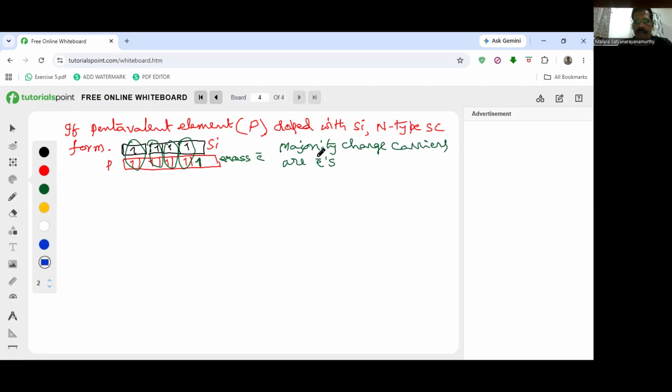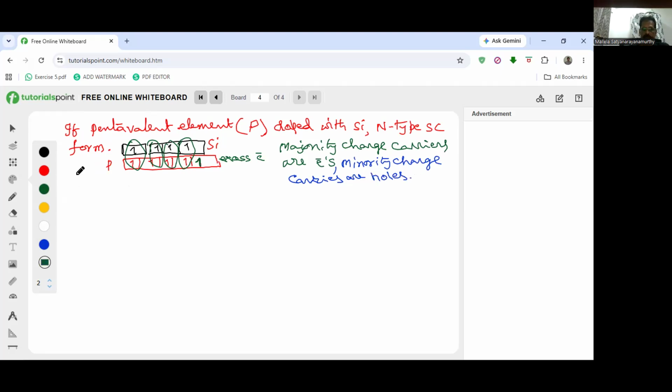Minority charge carriers are holes. Majority charge carriers are electrons, and minority charge carriers are holes.